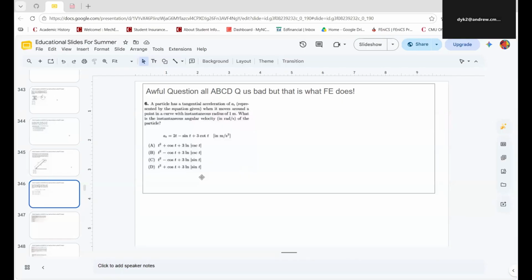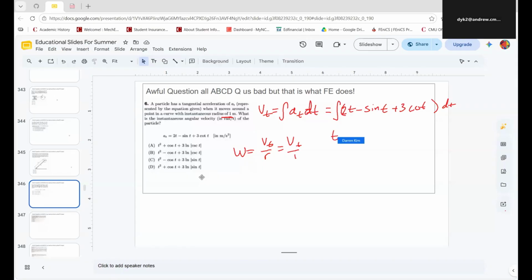a_t equals dV_t, and then V_t divided by R equals omega, which is V_t over 1. Read it. Oh, reading is hard. Ah, yes, reading is hard. Always. Reading comprehension is always hard. I know. Anyways, T, 2, right? Minus cosine t plus, here is interesting.